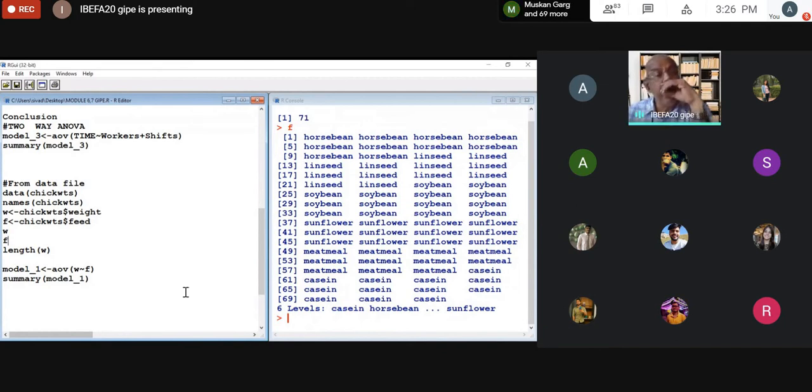So how many parameters do we have here? 6 parameters.